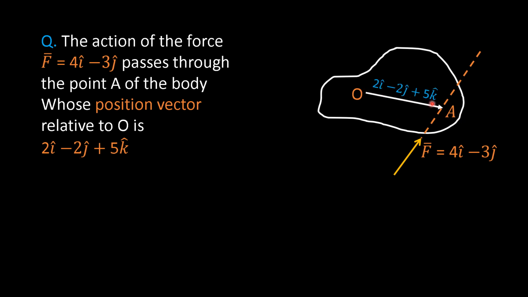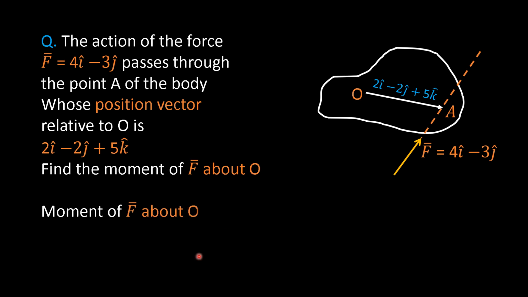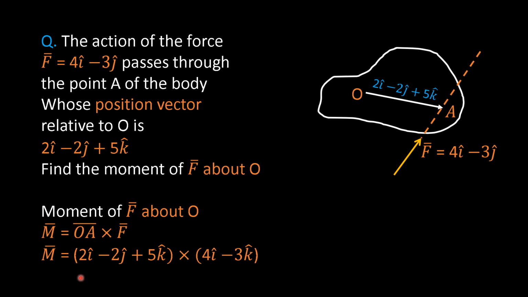So this is the position vector of point A relative to point O. Find the moment of F bar about O. Moment of F bar about O will be M equals OA bar cross F bar, which will be 2i cap minus 2j cap plus 5k cap, which is this, cross 4i cap minus 3k cap, which is this.